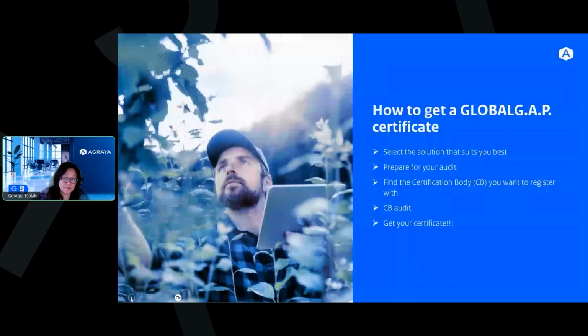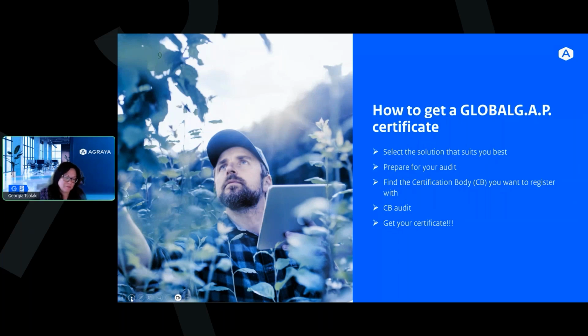Producers can prepare for their audit by conducting an internal check using the standard documents, the requirements for the standard they choose, before an external audit takes place by the certification body that they will choose to register with.